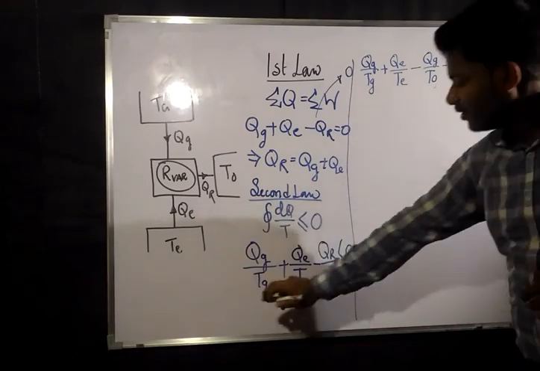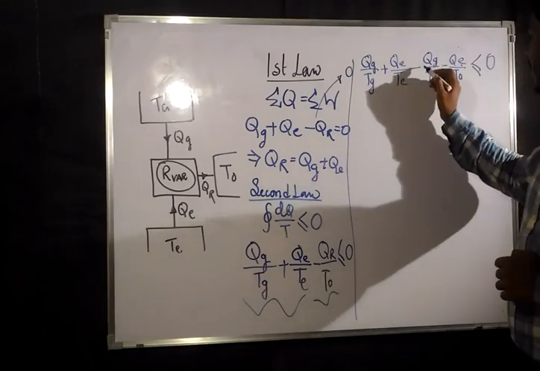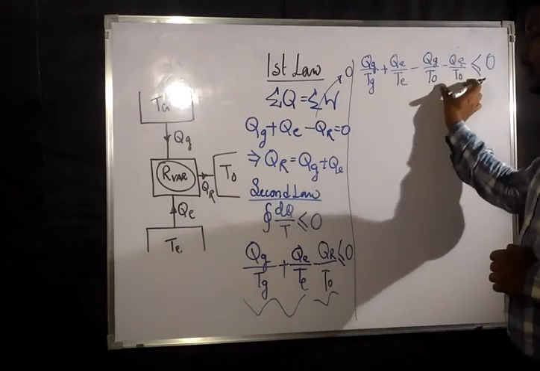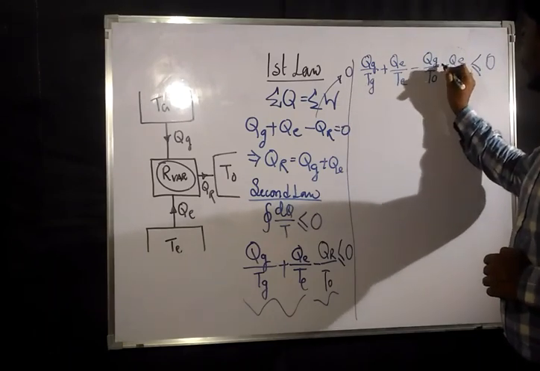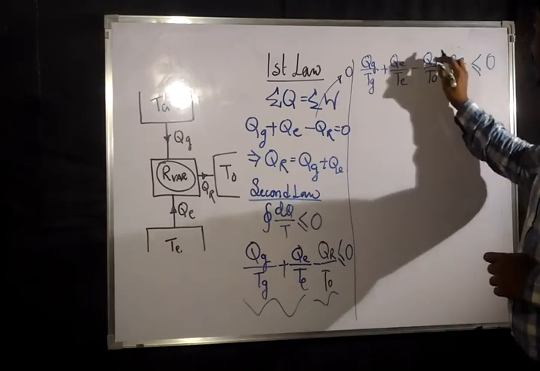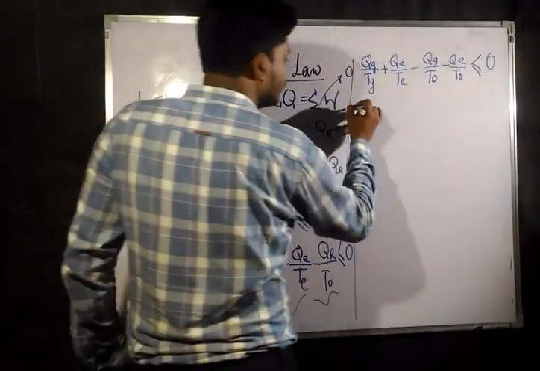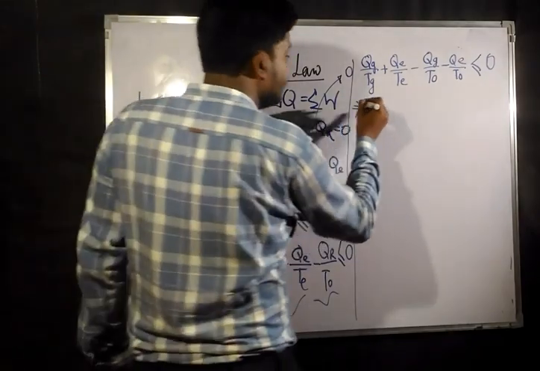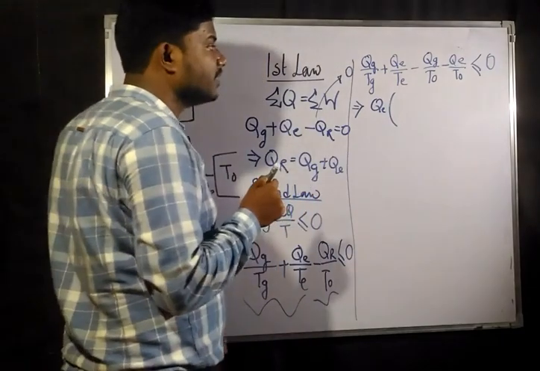So what we have done is we have kept this part the same, but for this part we have separated the Qg. If you take minus common, it is going to be Qg plus Qe by T naught only. So we are just separating this, keeping the minus in mind, and there would be Qg and Qe. Now for the second step, you can take Qe common. If you take Qe common from here, what is going to be remaining?